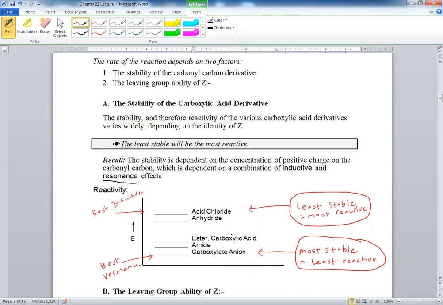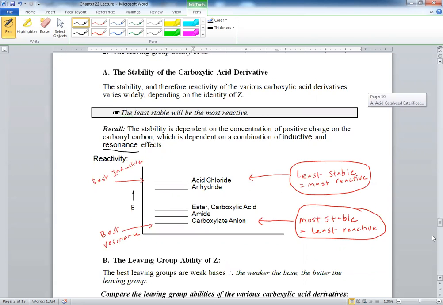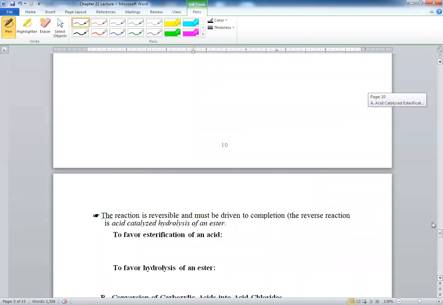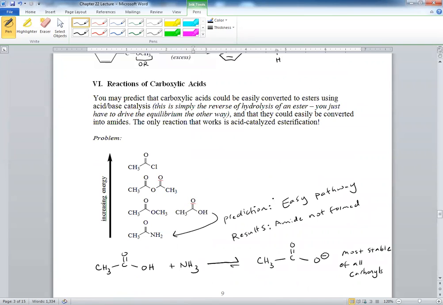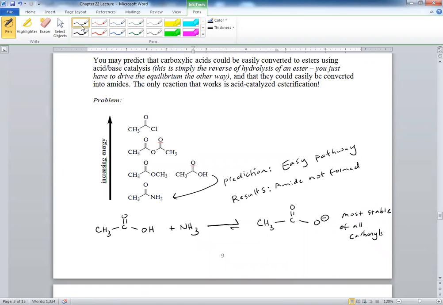So what actually happens is instead of going from the carboxylic acid to the amide, you go to the carboxylate anion, and then the reaction stops. Here is why. This is acidic. This is basic. So what's going to happen is an acid-base reaction.